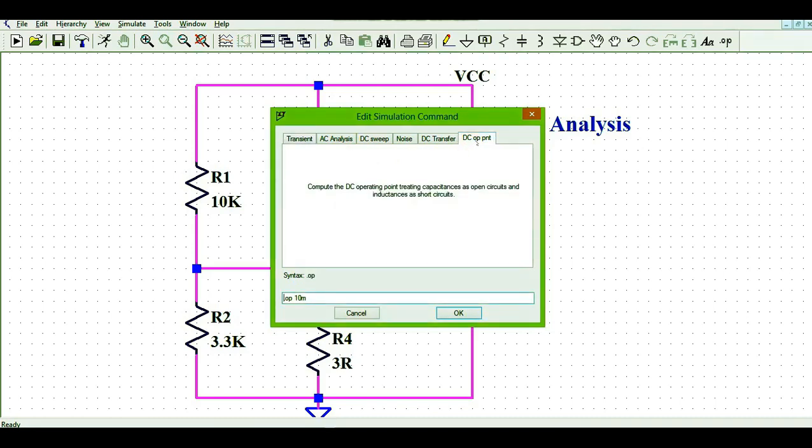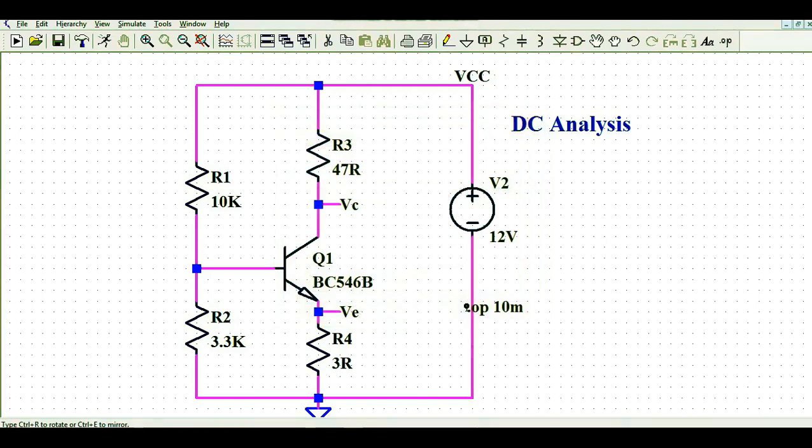Once I click on the DC operating point analysis, it shows that the syntax for DC operating point is .op, and you can give any time. For this simulation I'm giving it 10 milliseconds, so that is okay. Now you can place .op 10 millisecond, and you can directly run the simulation.